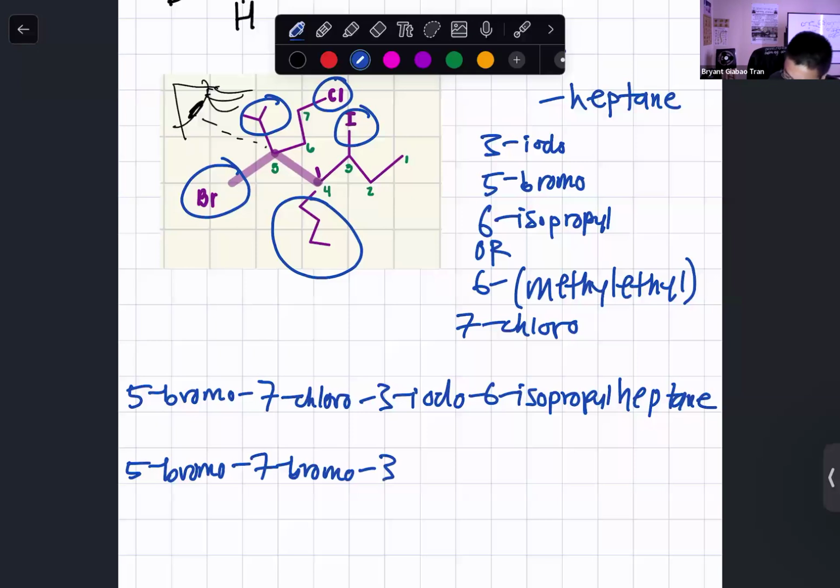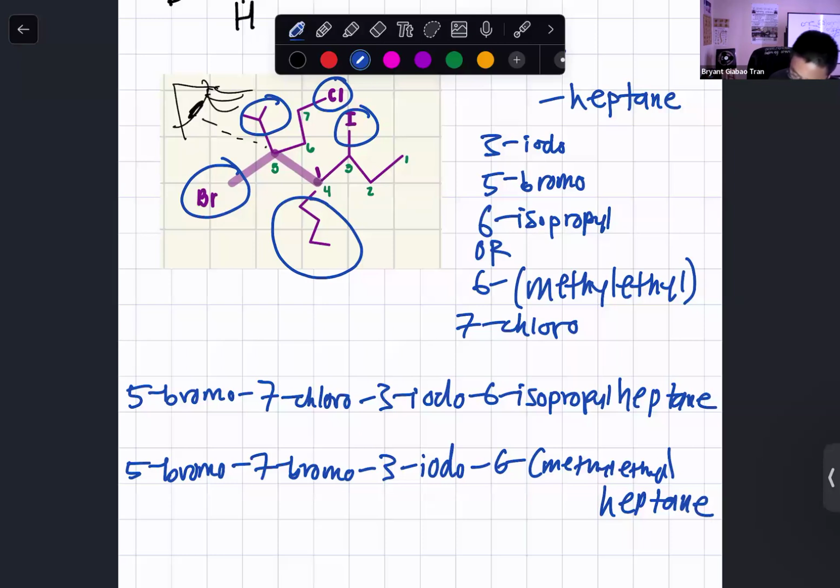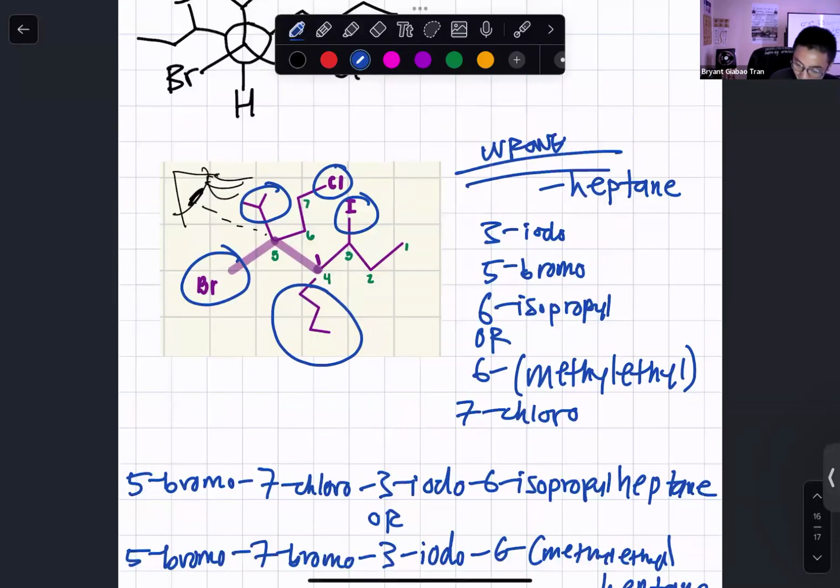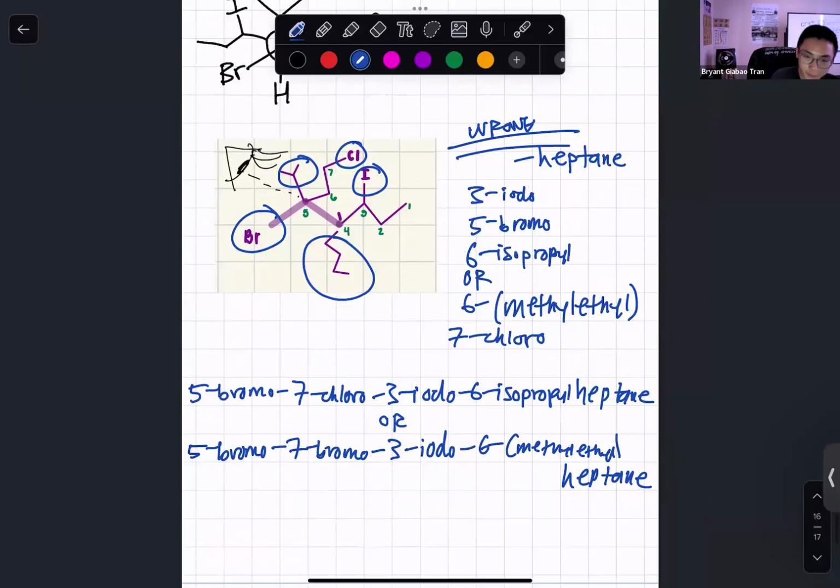I was just singing the ABCs in my head to check the alphabetical order. So either would work here, but this is wrong because we don't have the longest chain. But if you were to name it like that, this is what it would look like with the substituents and base name.